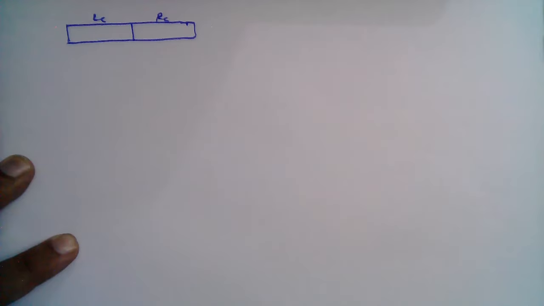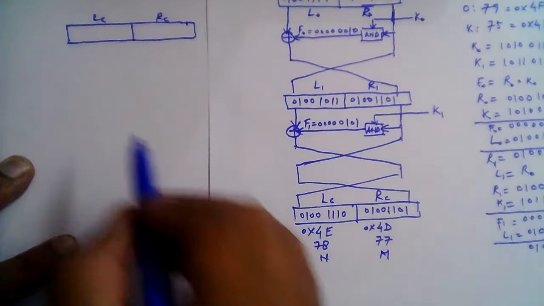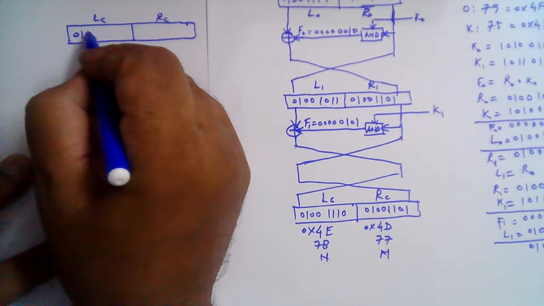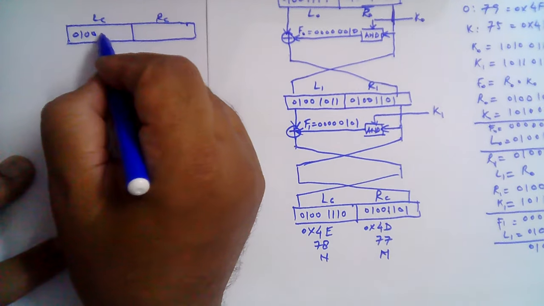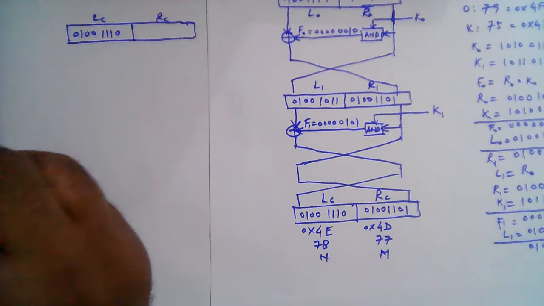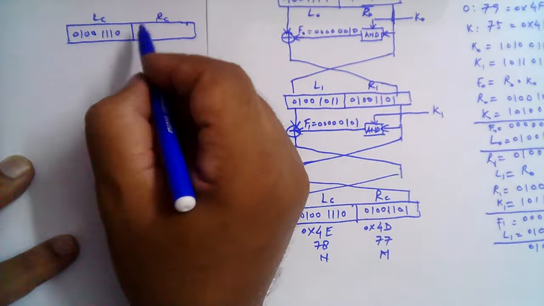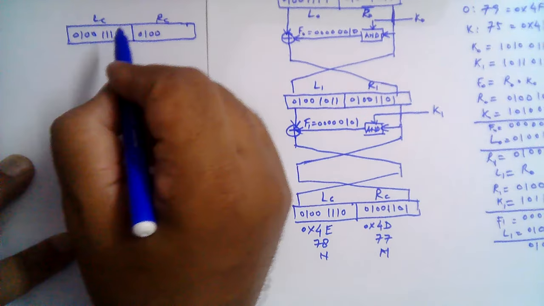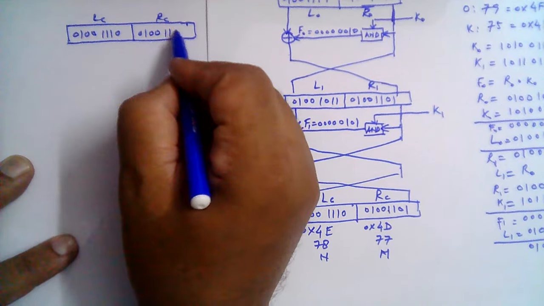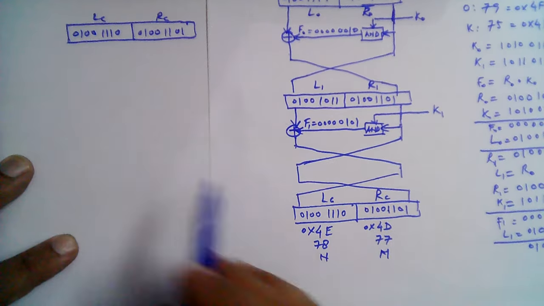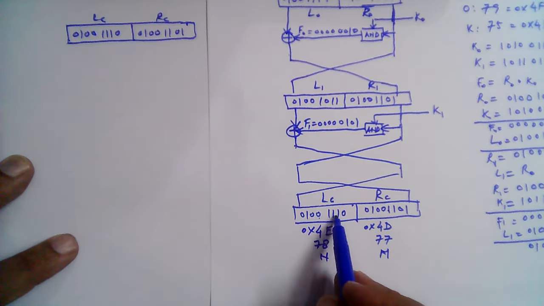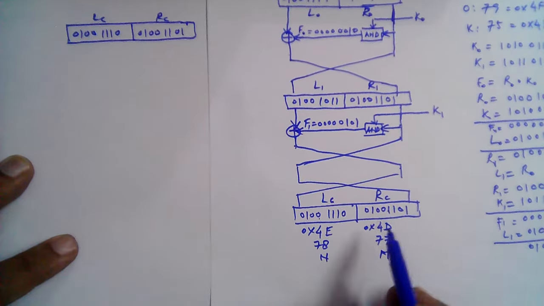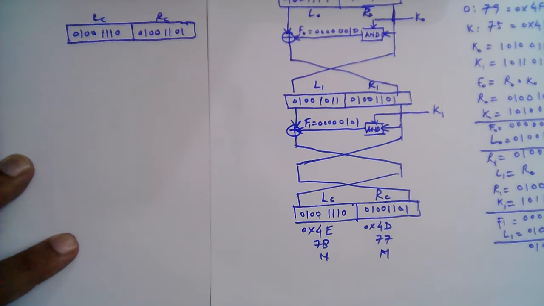The ciphertext, as it was, let's write it down: 0100 1110 for the left half, and the right half of the ciphertext: 0100 1101. So this was letter N and M.